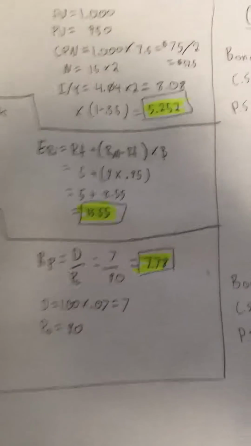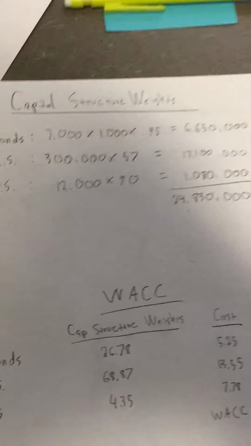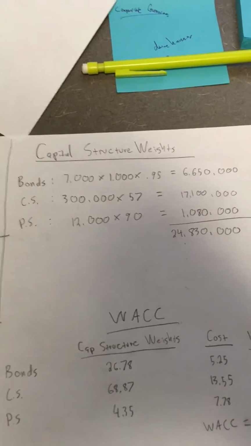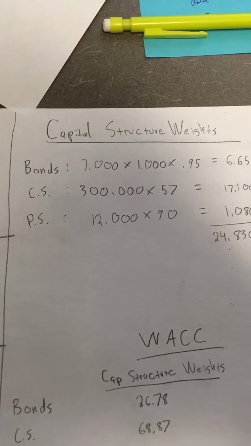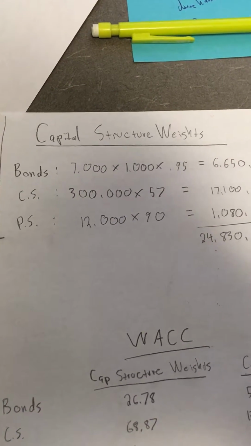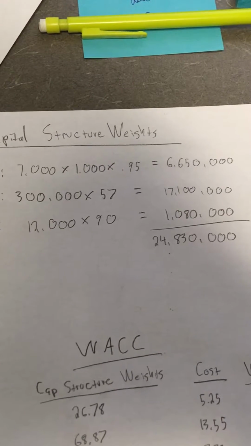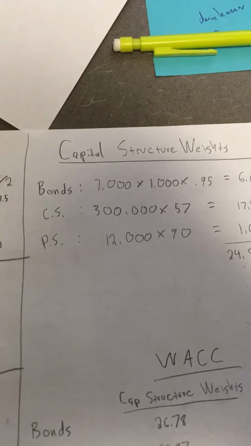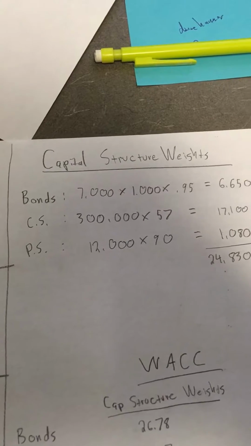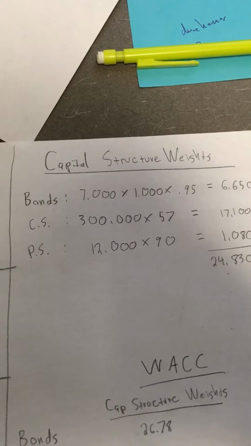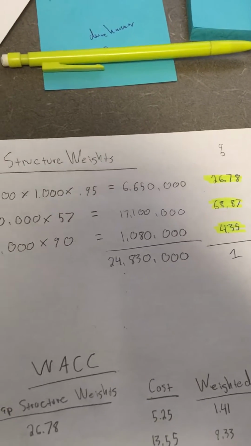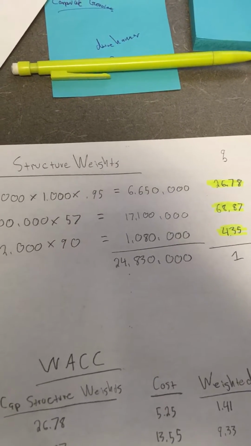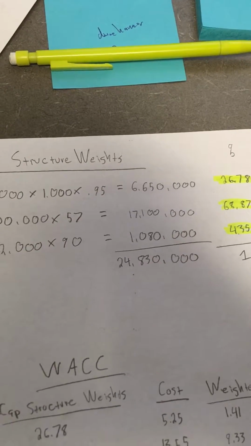So now you have your 3 individual costs. The next step is to calculate your capital structure weights. For this part, you will start out with bonds. There are 7,000 bonds with a par value of $1,000 each. You can multiply those by the discount, or you could just multiply 7,000 by the market price, which was already provided, or the present value, to get your market value of bonds outstanding, which is $6.65 million.